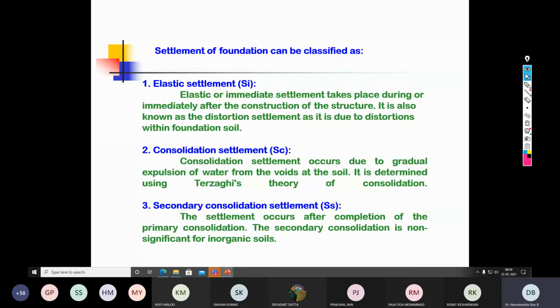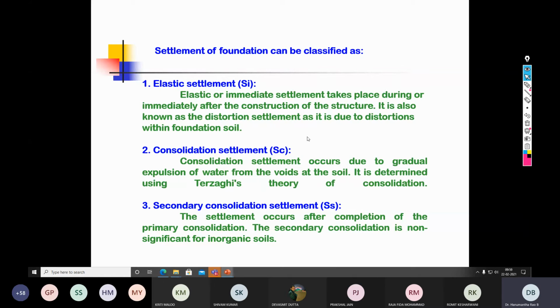It is not a function of time. It happens within a couple of months after construction of any structure. This could happen both in clayey and sandy soil. However, the elastic settlement is predominant in sand, very minimal in clayey soils.